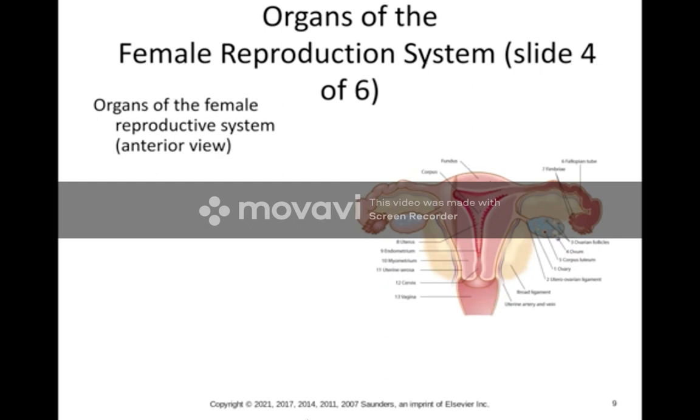The fundus, the corpus, the uterus, endometrium, myometrium, uterine serosa, cervix, vagina, uterine artery and vein, broad ligament, utero-ovarian ligament, the ovary, corpus luteum inside the ovary, as well as ovarian follicles, and then an ovum making its way out of the ovary. There's fimbriae on the edge of the fallopian tube.